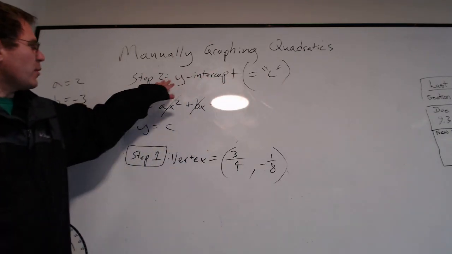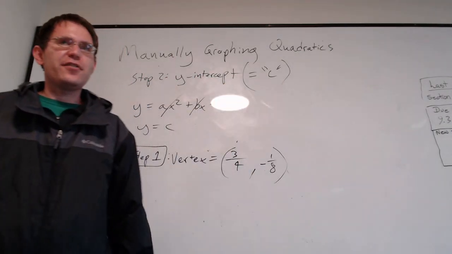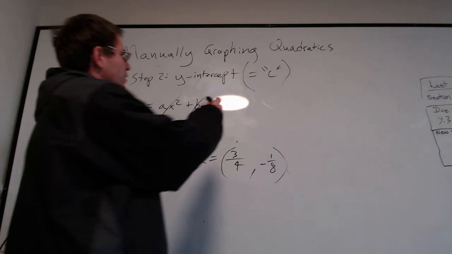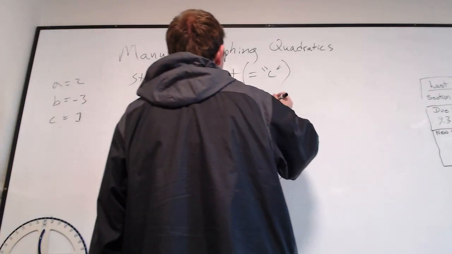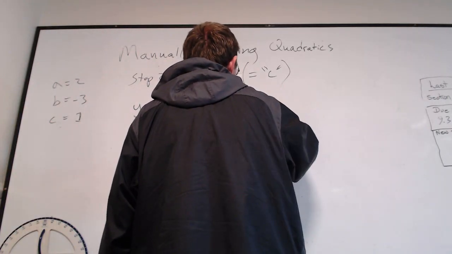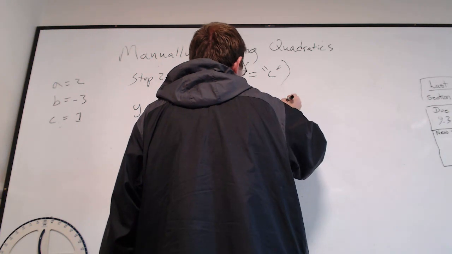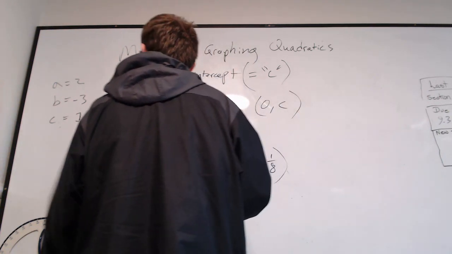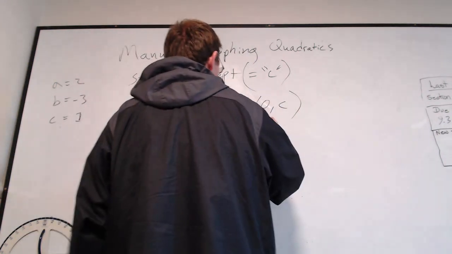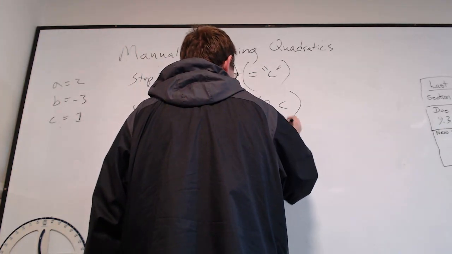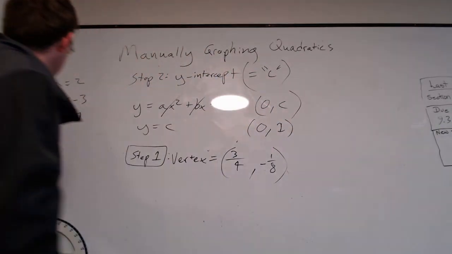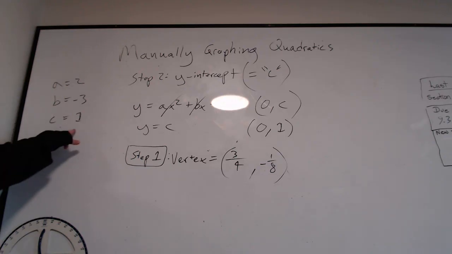The y-intercept is always just your c value: the coordinate is (0, c). In our case, the y-intercept is (0, 1), because we're working with the same equation, and the c value was 1.